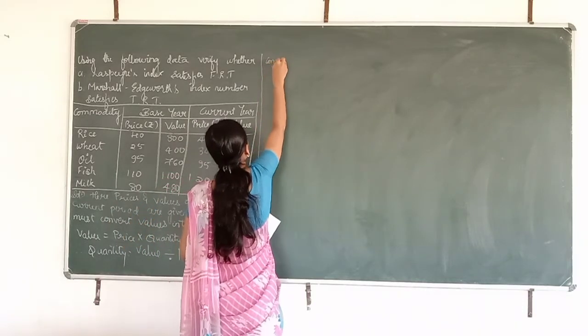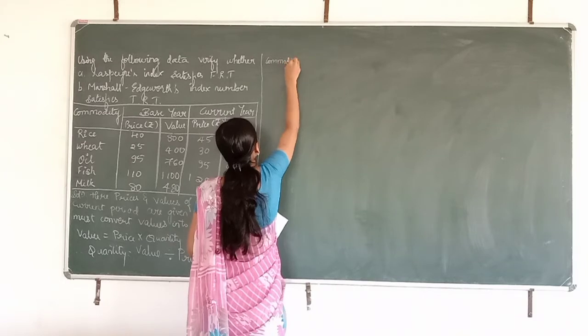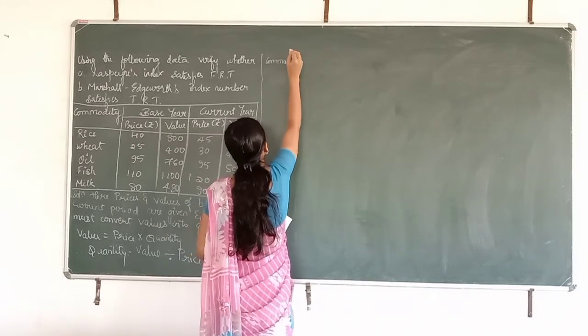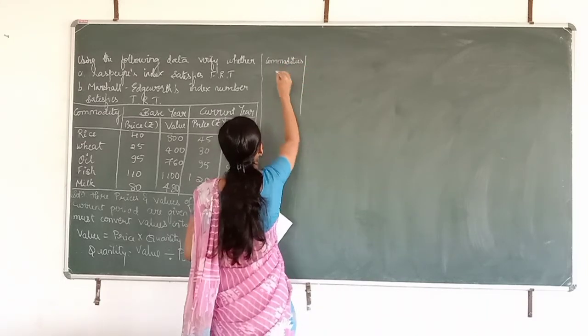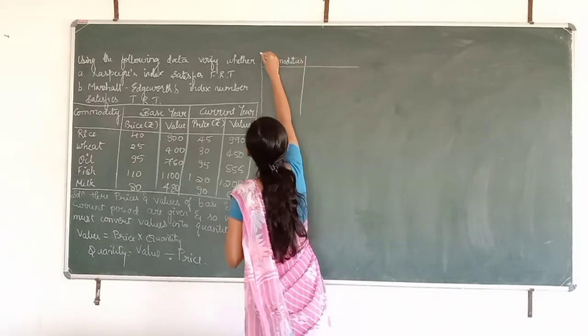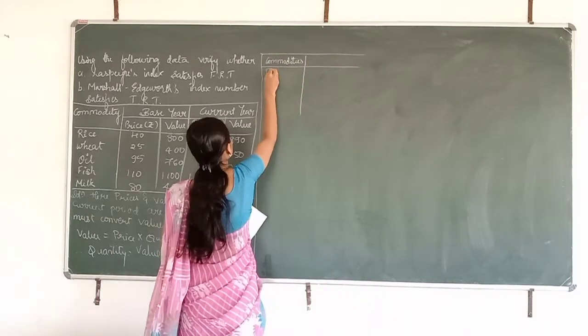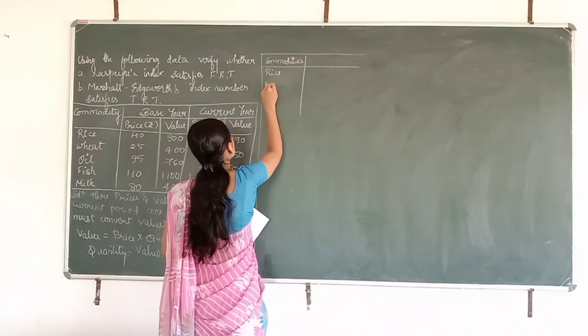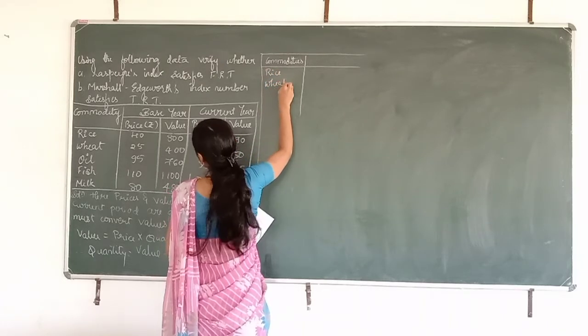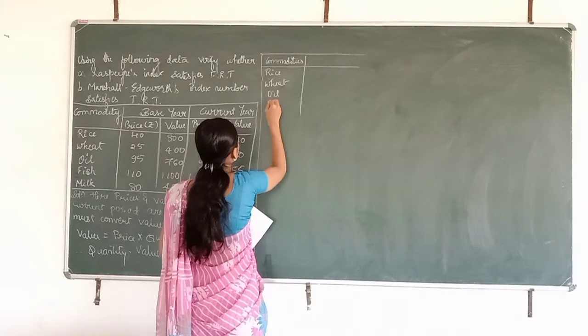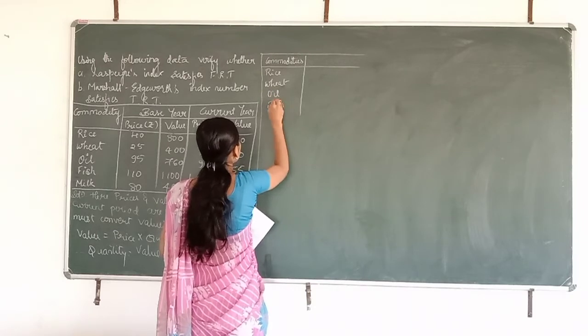So first column will be commodities: rice, wheat, oil, fish and milk.